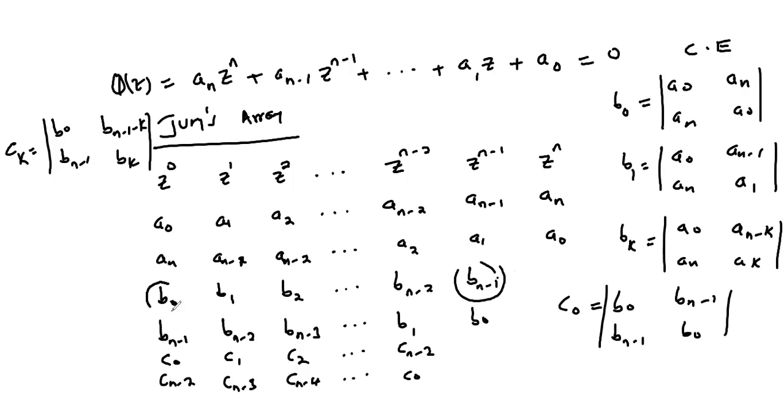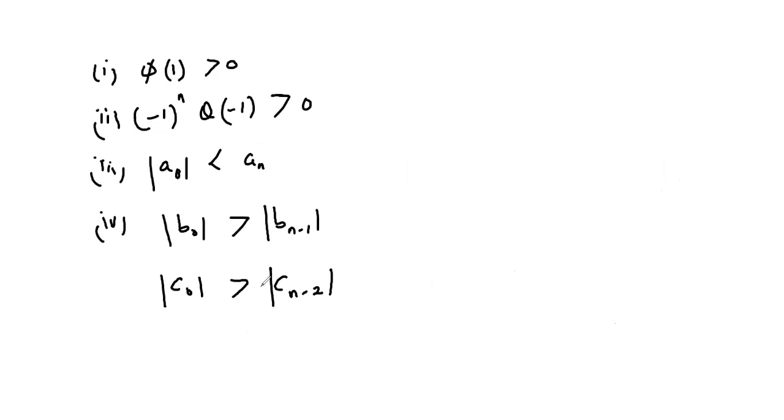The magnitude of C0 must be greater than the magnitude of Cn minus 2, and so on until we have exhausted the terms of the jury's array. And if all those hold, then the system will be said to be stable. If any of them does not stand, then the system is unstable.